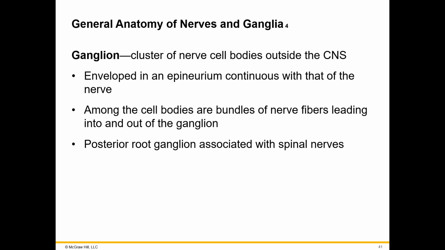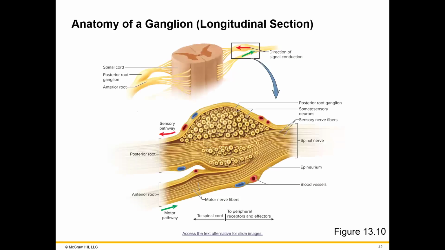But when you have clusters of cell bodies outside the central nervous system, these are called ganglia. Among the cell bodies are bundles of nerve fibers leading into and out of the ganglion. So there's a posterior root ganglion associated with spinal nerves.